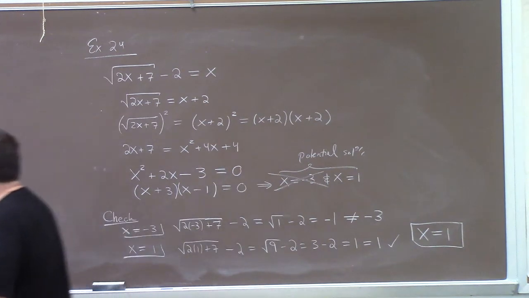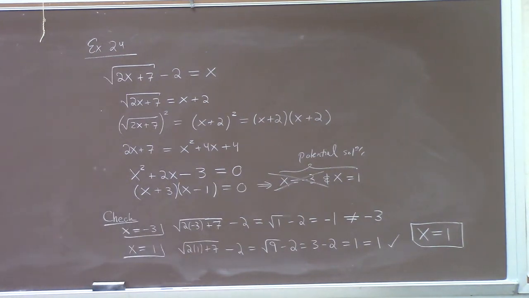Here's 25. We're supposed to solve the square root of 7y plus 8 equals the square root of 6y plus 12.